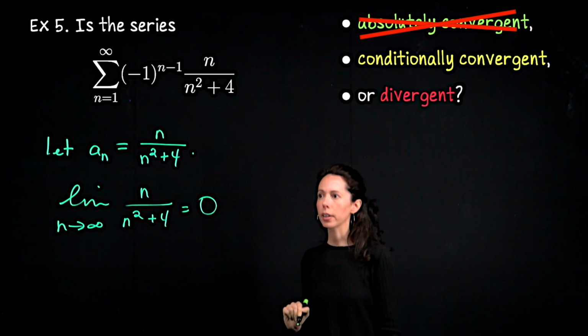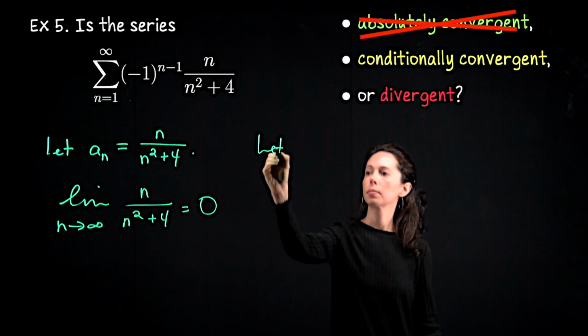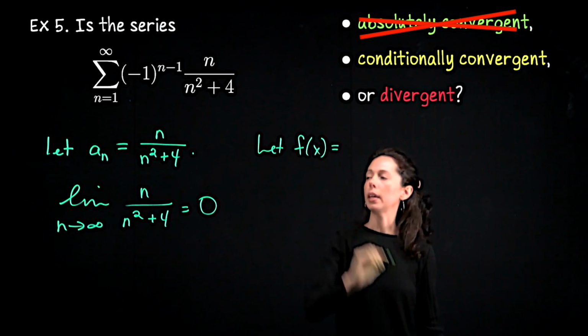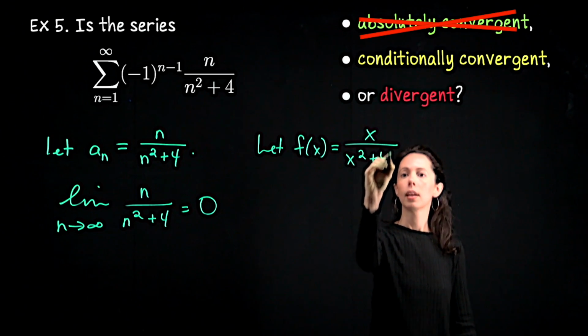All right, we are decreasing in size. For that, I'm going to switch to that function approach. So let f of x be x divided by x squared plus 4. Let's take the derivative.